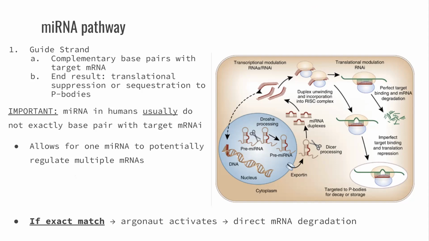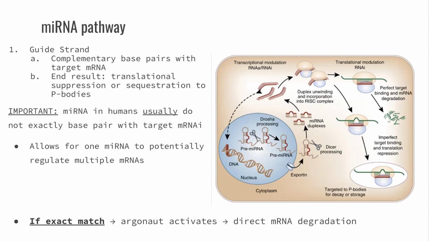Okay, so once we have the guide strands with RISC, it base pairs complementarily with target mRNA, and the end result is translational suppression or sequestration to P bodies, where we're not really sure what happens to it after that, but just know that the miRNA recognizing mRNA will cause either translational suppression or sequestration to P bodies.